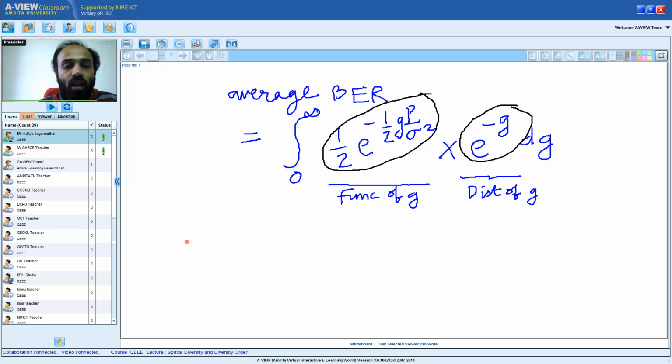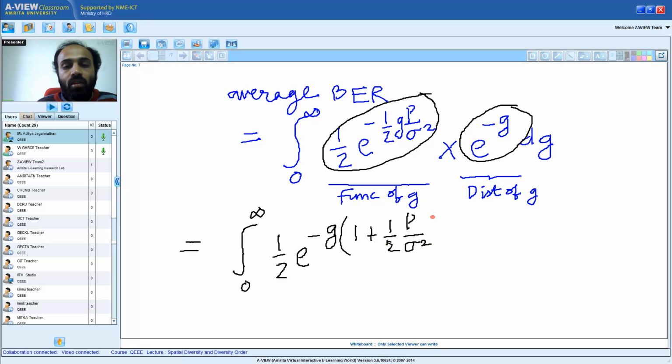So therefore I have 0 to infinity half e to the power of minus G into 1 plus half P over sigma square times dg.